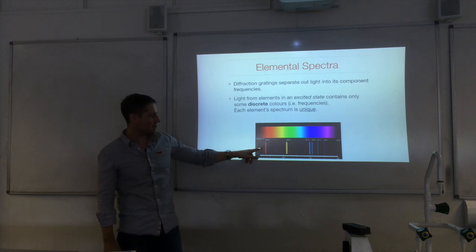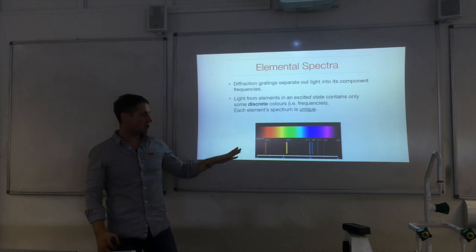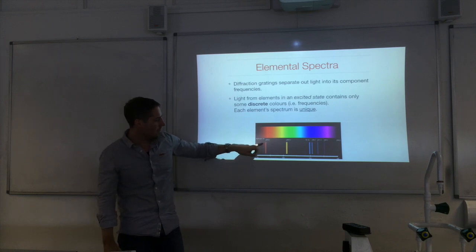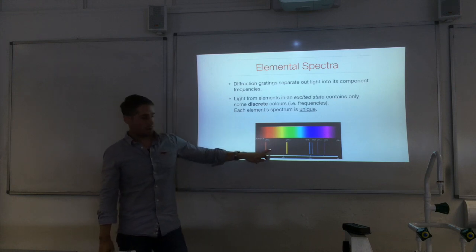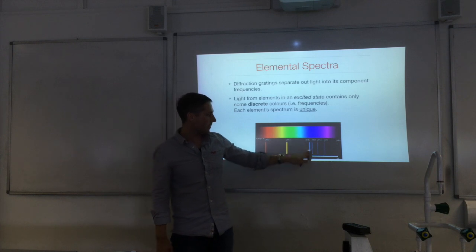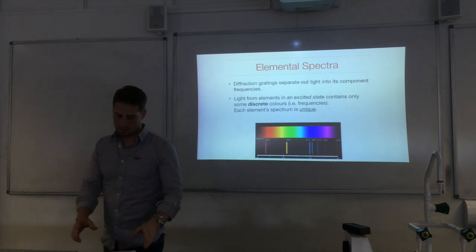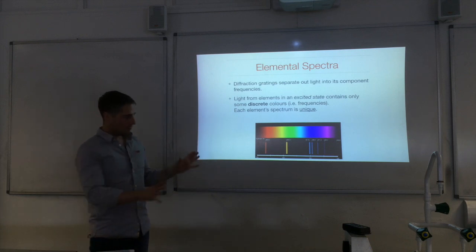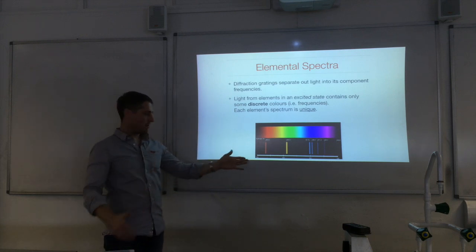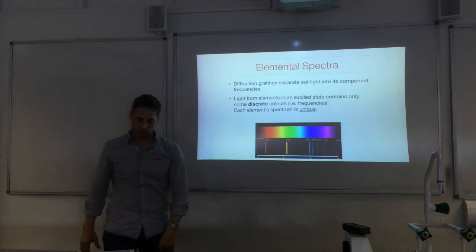So this is a hydrogen spectrum. You can see that hydrogen light, which normally looks purple, has some red, some yellow, and some blue wavelengths, and some violet wavelengths also, so the light looks purple. Once you split it up, you can see that it's constituted of these colours.